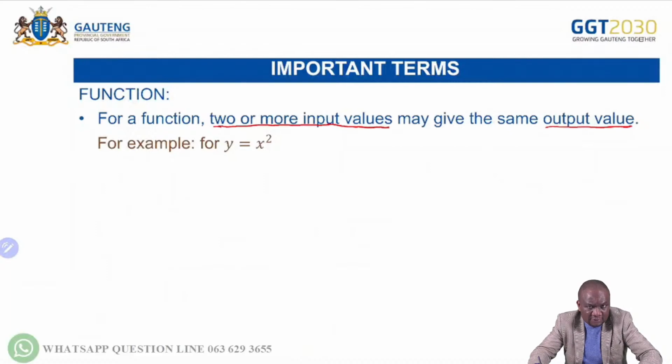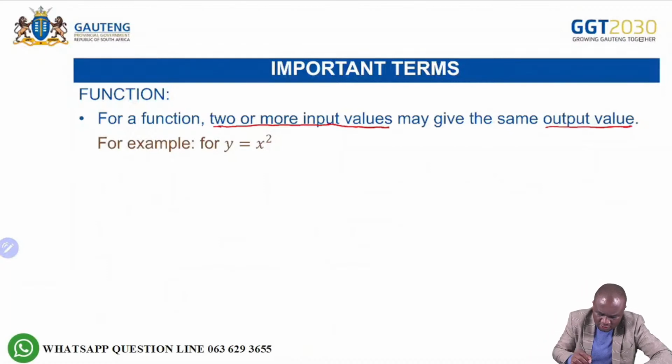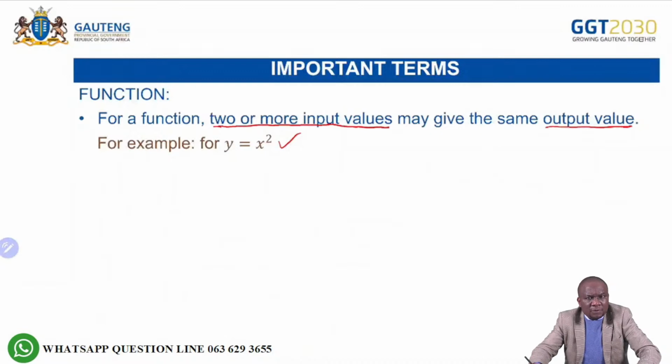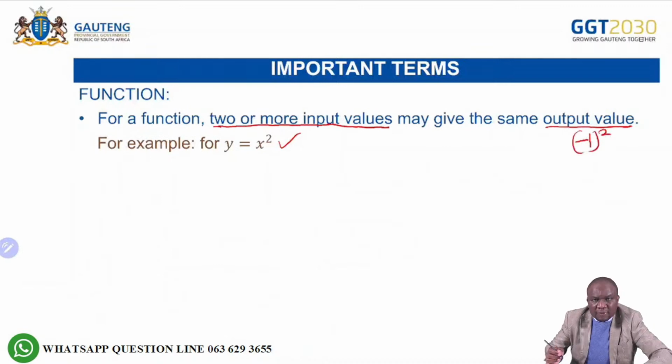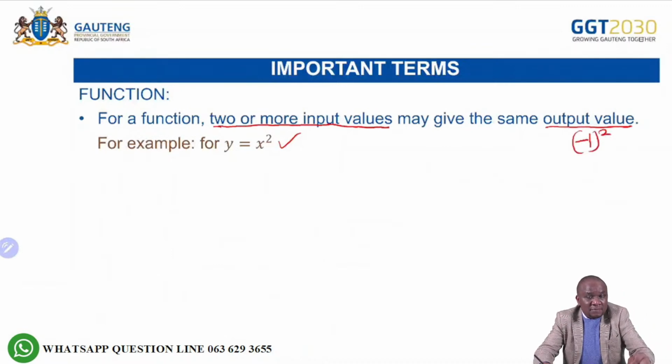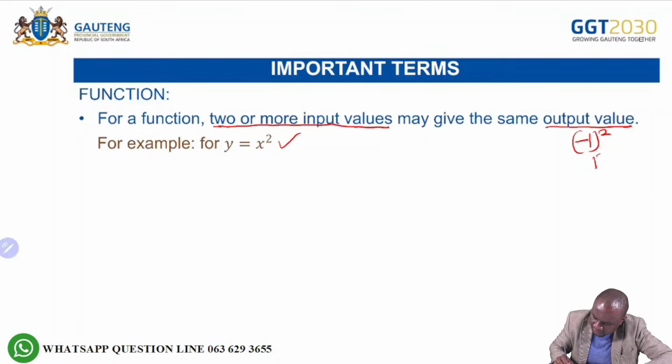Do you believe that? Let's see, using this example. What is negative 1 squared? If you say negative 1 times negative 1, what do you get? We get 1, isn't it? What is 1 squared? 1 times 1, we also get 1.